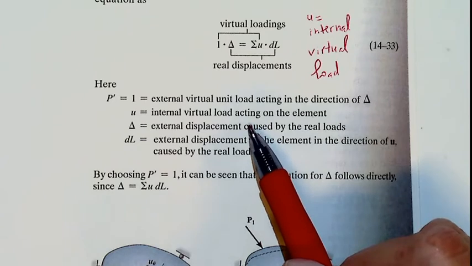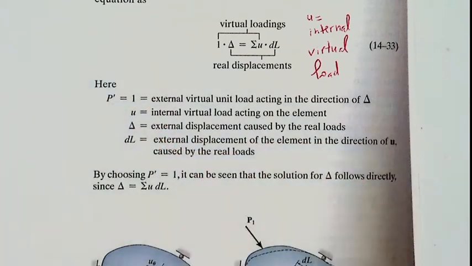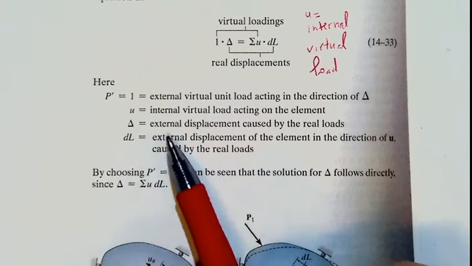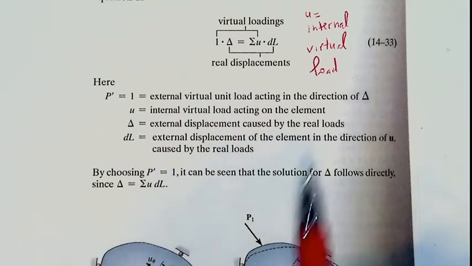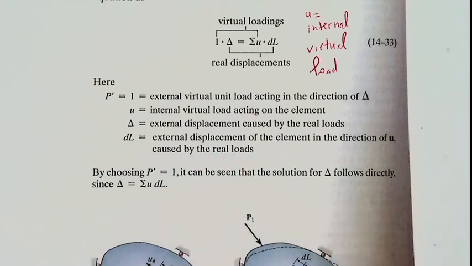This load acts because I applied load there at the point A, so the system undergoes a virtual change. Delta is the external displacement caused by the real load. dl is the displacement of the element in the direction of U caused by real loads.